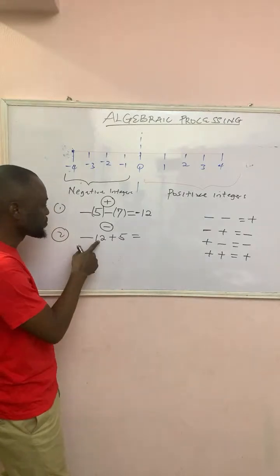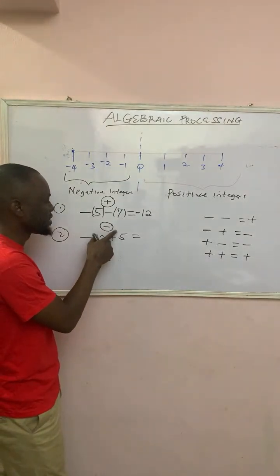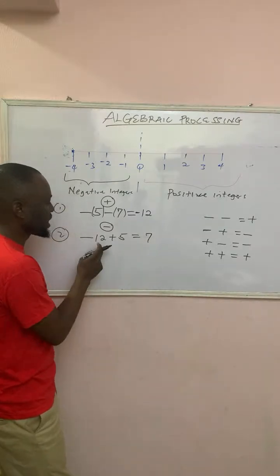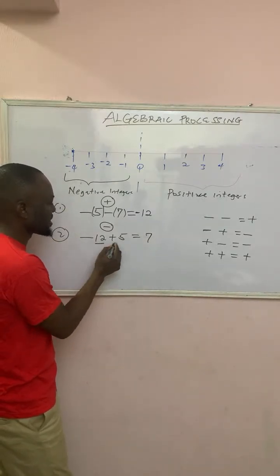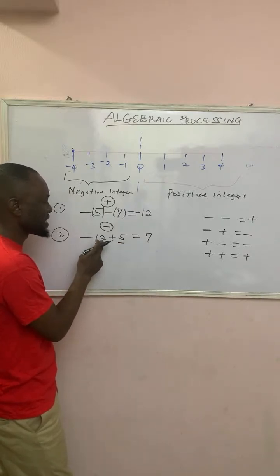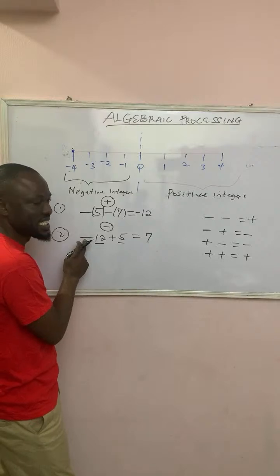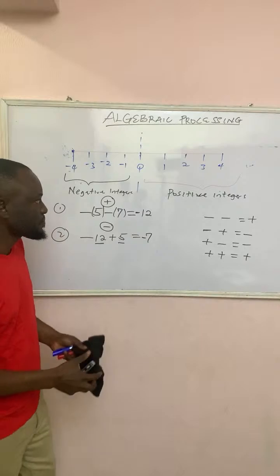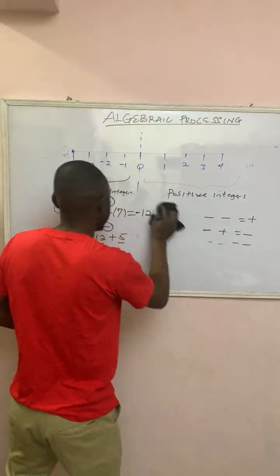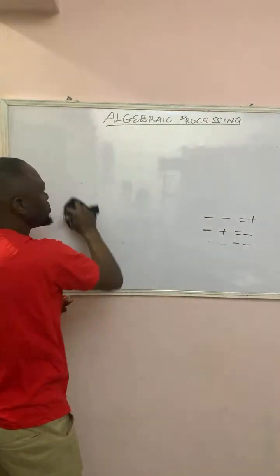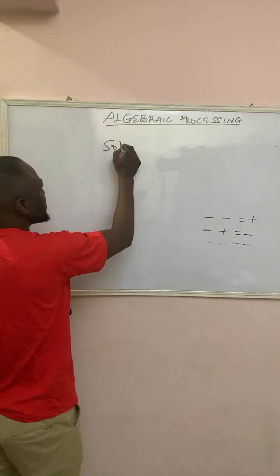So we do 12 minus 5, which gives 7. We look at the two numbers without the sign: 12 is bigger than 5. So we take the sign of the bigger number, which is negative. So our answer is -7. All right? Let's solve the following problem before we move ahead. So solve this.